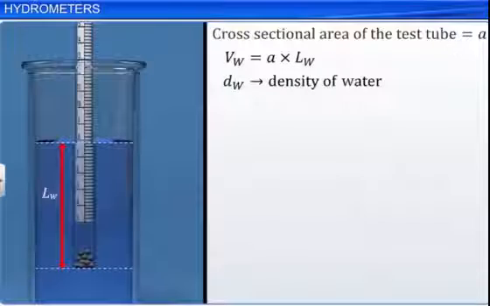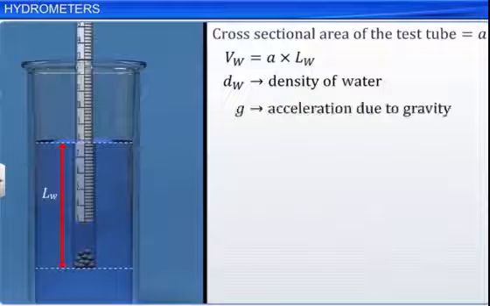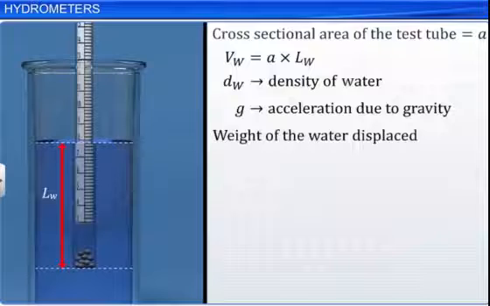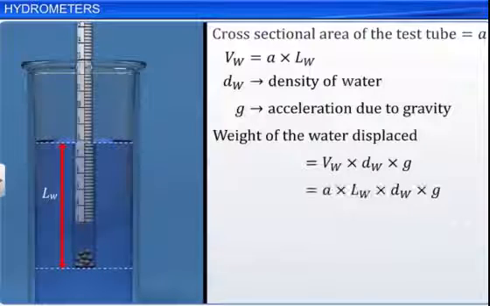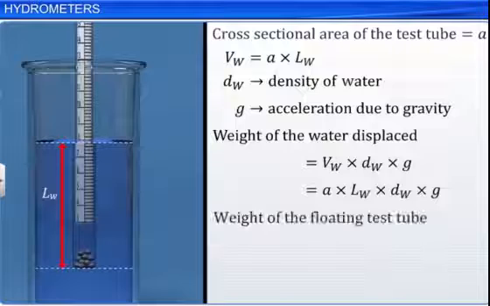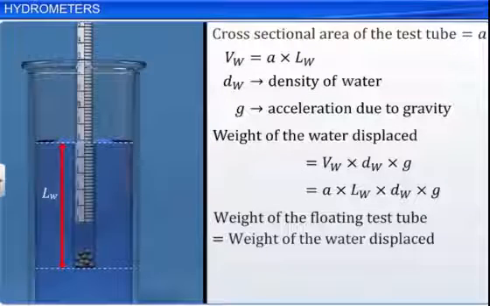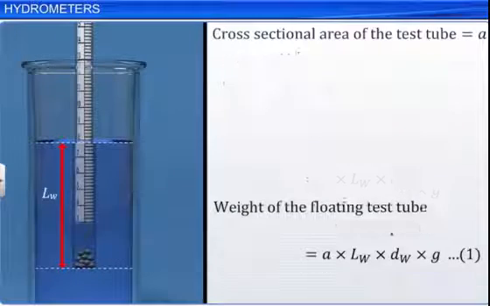If dW is the density of water and G is the acceleration due to gravity, then the weight of the water displaced is equal to VW into dW into G. This is also equal to A into LW into dW into G. According to the law of flotation, the weight of the floating test tube is equal to the weight of the water displaced. This is equal to A into LW into dW into G. Let this be equation 1.